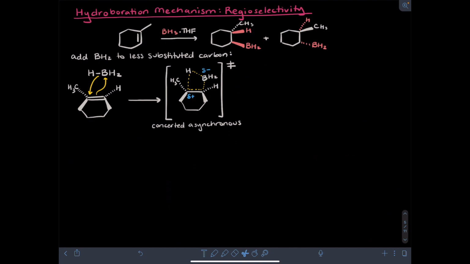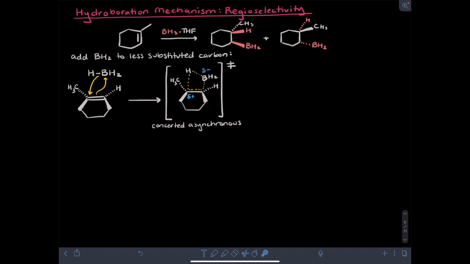At the transition state, there is a ring of 4 bonds that are breaking and forming. The pi bond is breaking, a carbon-boron bond is forming, a boron-hydrogen bond is breaking, and a carbon-hydrogen bond is forming, all in the same step.